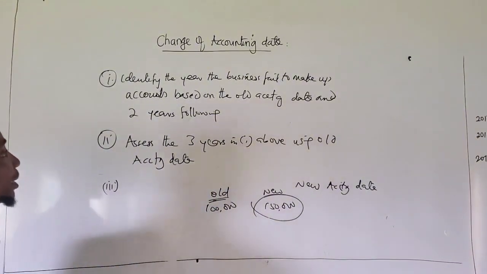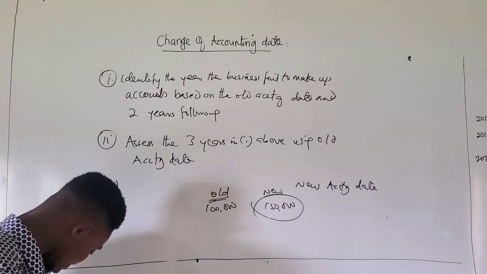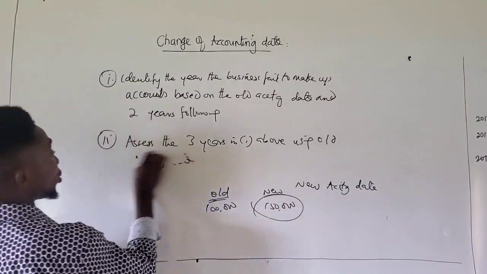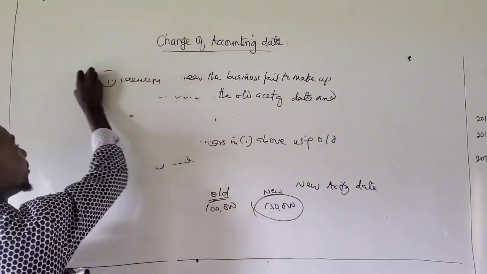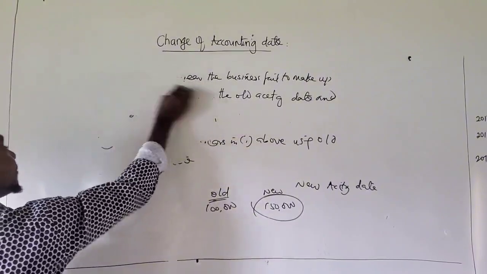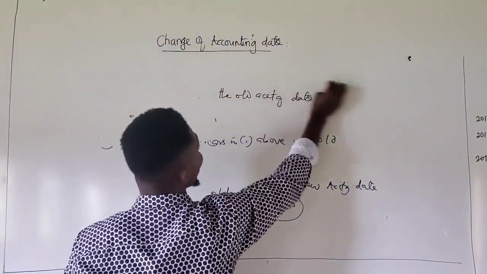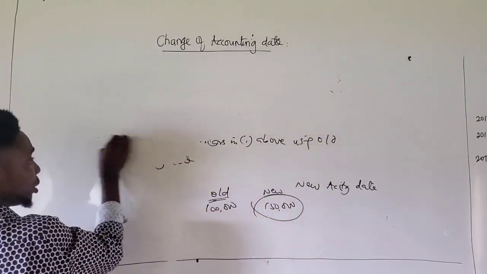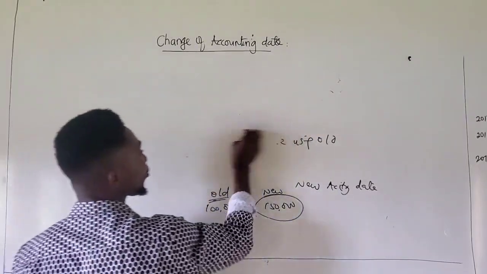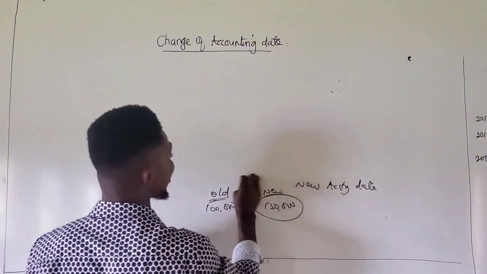Now let's look at a practical situation where there will be a change in accounting date, and see how we can identify it. If you can identify the year of change and the 2 years following, I think you're already having light into the calculation.